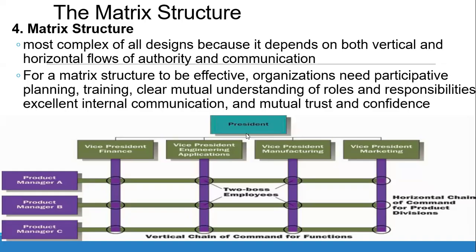So the major challenge or disadvantage associated with the matrix structure is, first, that it is very costly to maintain because you end up having most of the responsibilities or duties of the organization scattered and maintained across not only the parent, where the parent company is situated, but across all the subsidiaries as well.